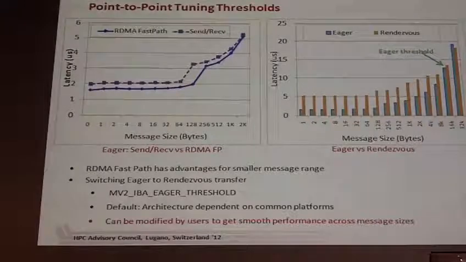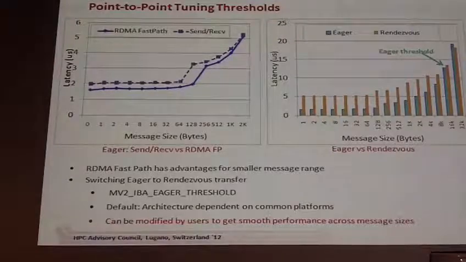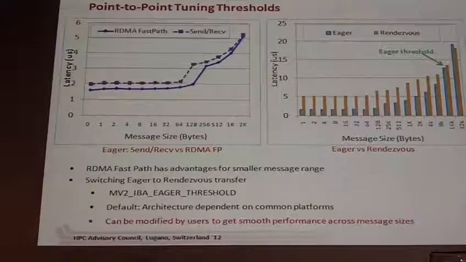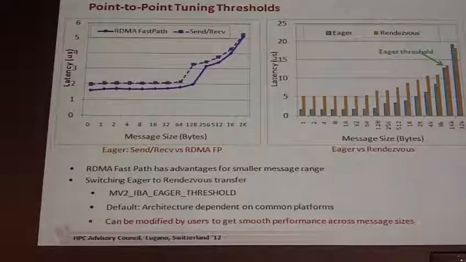So ideally, for any platform, this eager threshold needs to be chosen properly. We actually provide it as a parameter. The default is architecture dependent, but it can be modified by users to get smooth performance. So if you profile your applications and you see that your application is sitting somewhere closer here, let's say 17K, then adjusting this might give you some benefits.